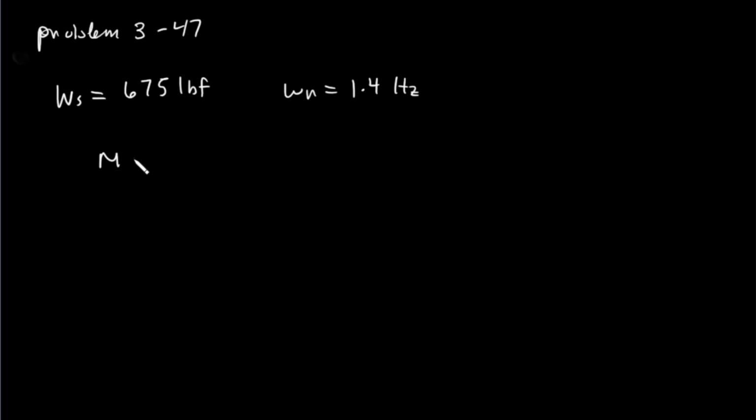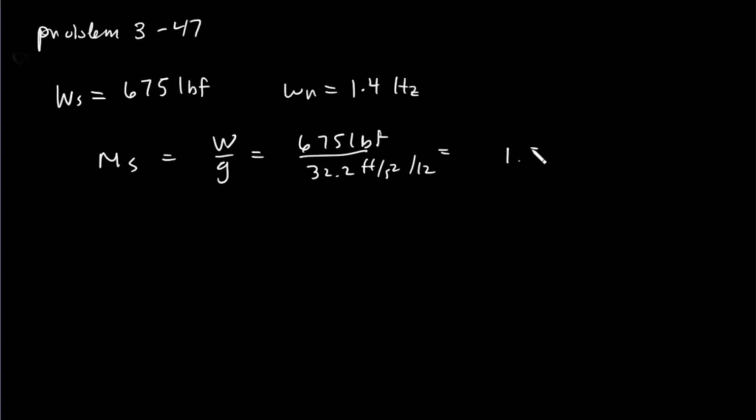So we can take the sprung mass, which is going to be the weight over gravity. In this case, it's 675 pounds force divided by 32.2 feet per second squared. And if we want to get it in inches, we can divide it by 12, and that'll give us 1.748 pounds force per second squared per inch.